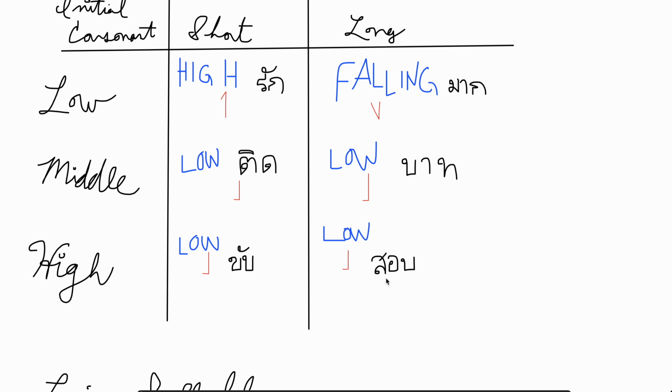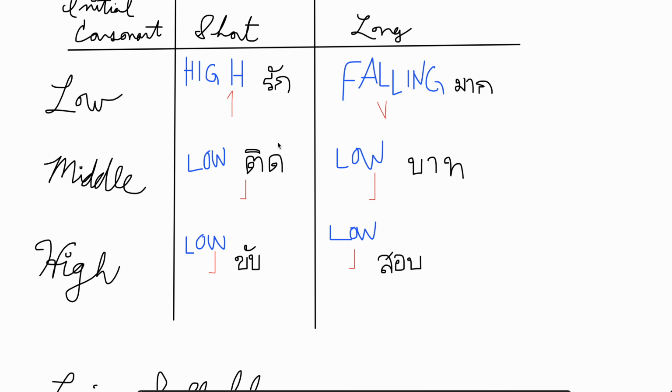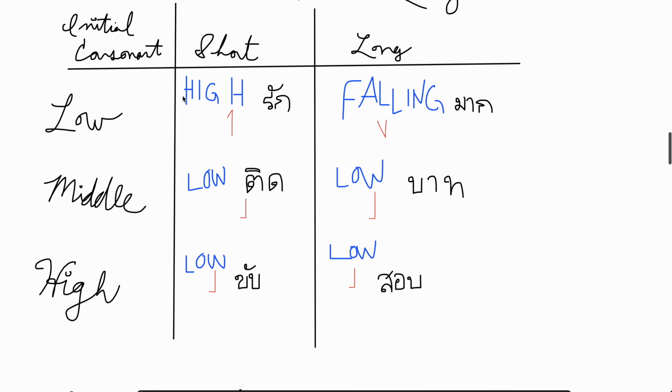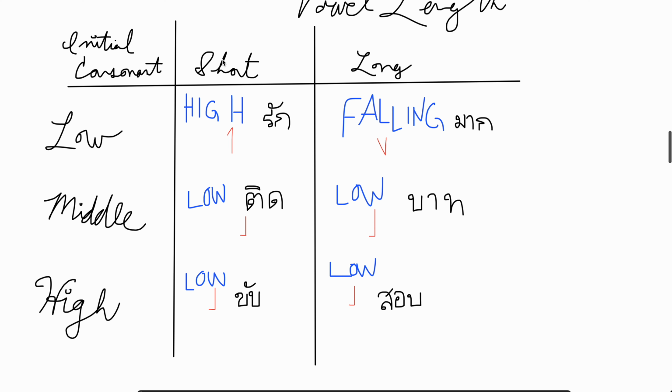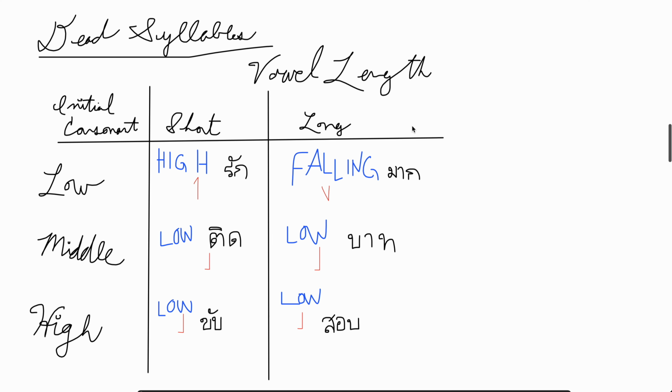So fortunately, all you got to do is memorize. If it's dead, middle or high, it's always low, regardless. And you got to remember that if it's low and short, high; low and long, falling. There's probably some mnemonics you can make with that. I don't have any available because I'm not the type of person to do that stuff. So yeah. Fortunately, dead syllables are the most simple.